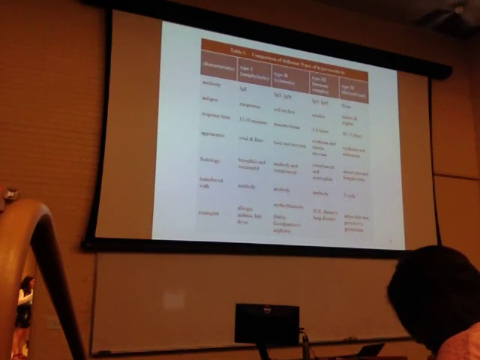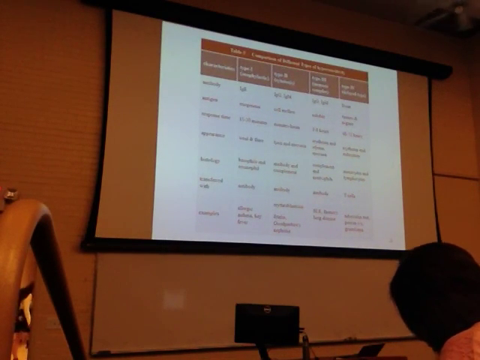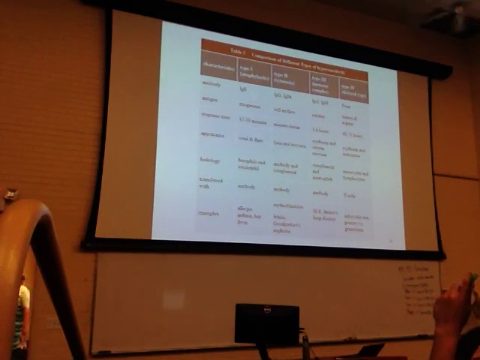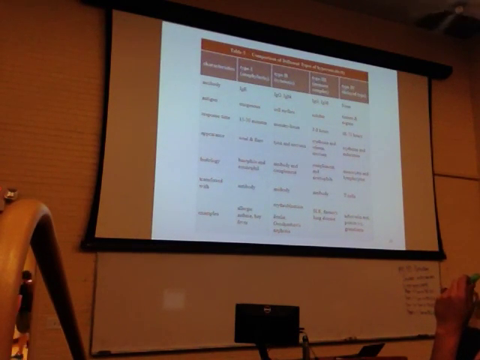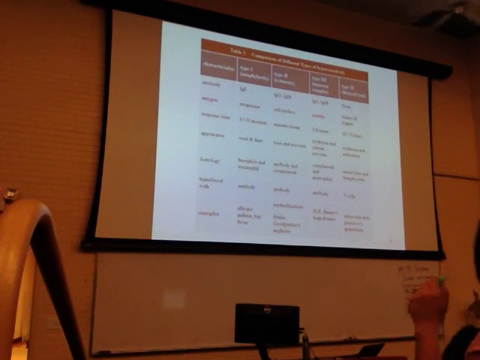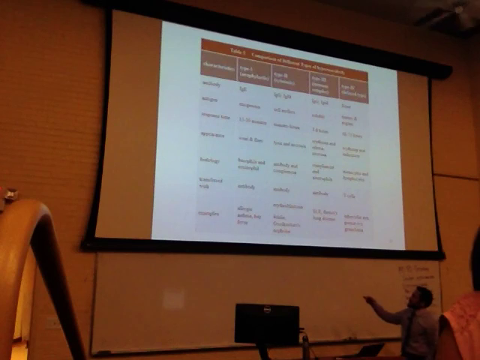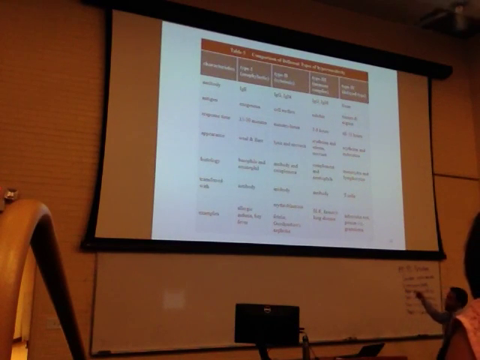You can see some of the features from a study tool: 1, 2, and 3 all involve immunoglobulins, and type 4 doesn't. Type 1 is usually exogenous, type 2 is something on the cell surface, type 3 is soluble because it has to circulate in the bloodstream, and type 4 targets tissues and organs. Transferred with antibody, T cells.